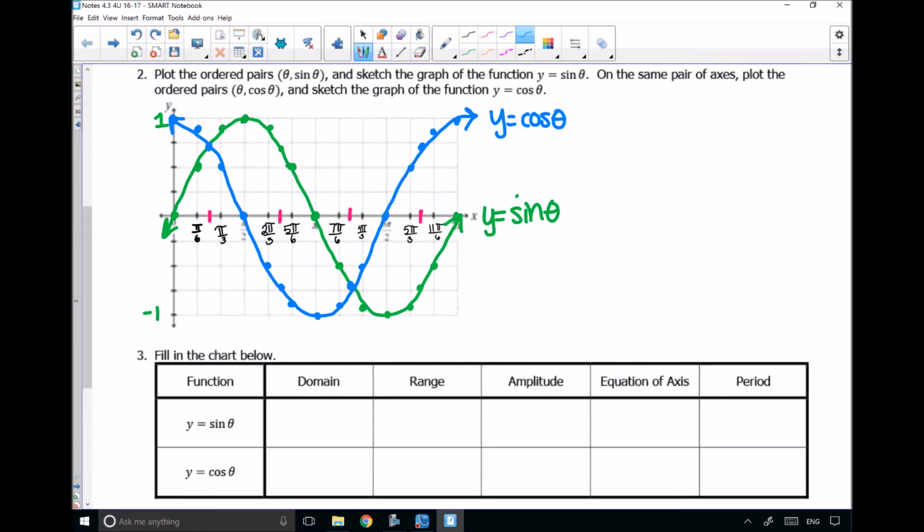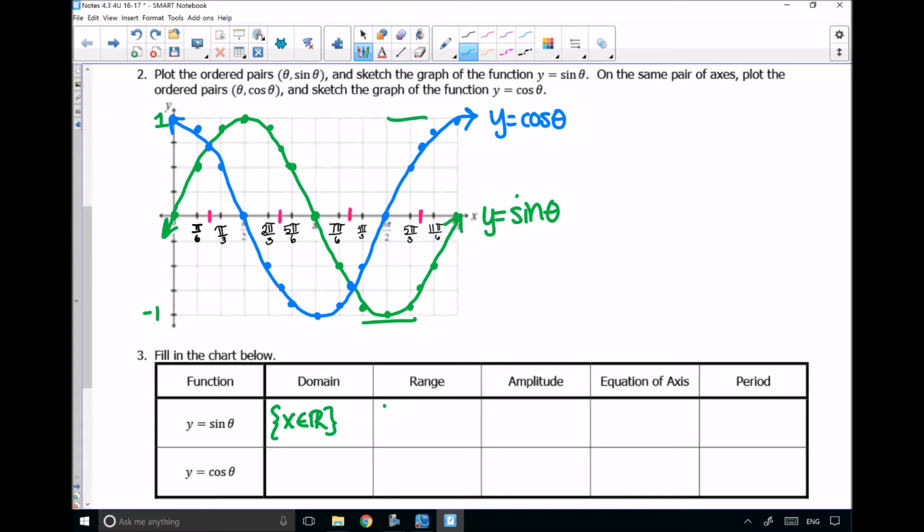So let's go ahead and figure out our domain first. Well, x can be any value because this curve will continue going in both directions from negative infinity to positive infinity. So the domain of the parent sine function is x is an element of the reals. However, the range will only go from -1 to +1 right here.